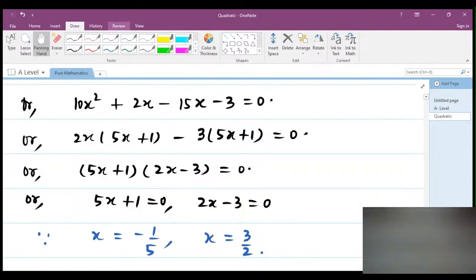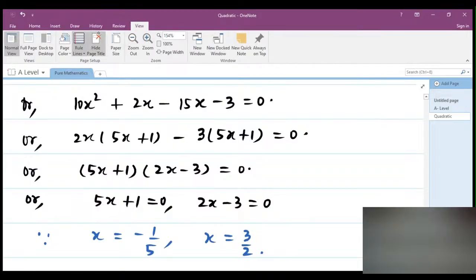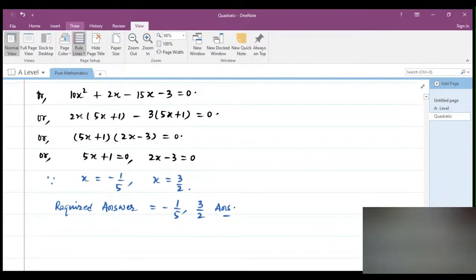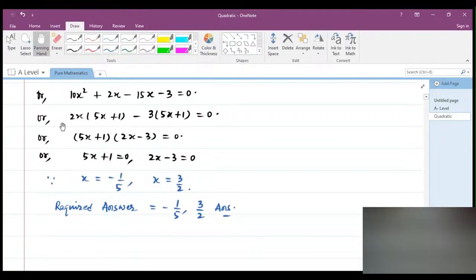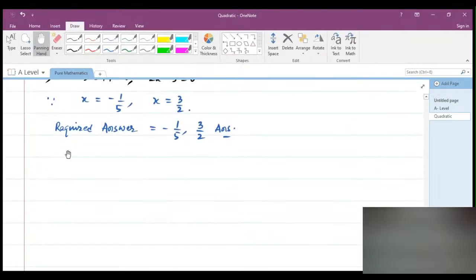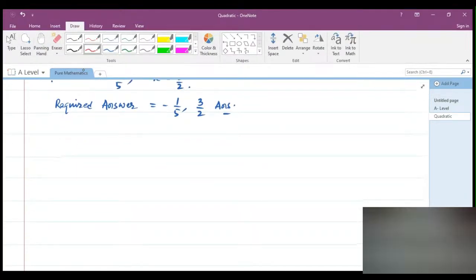So let's see the question number 2, and question number 2 asks us to solve.